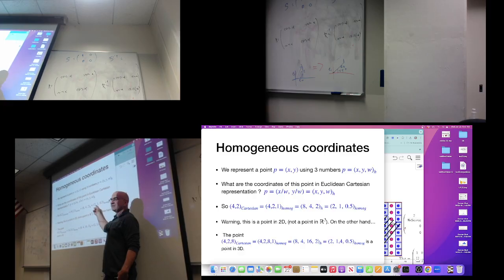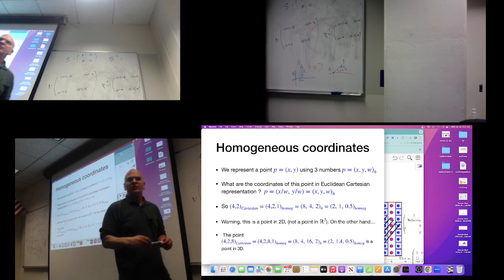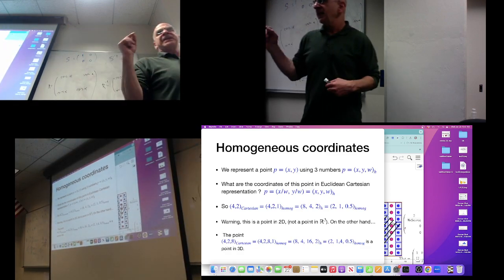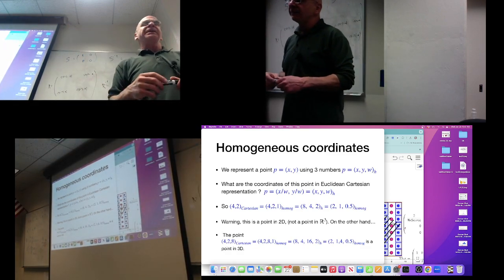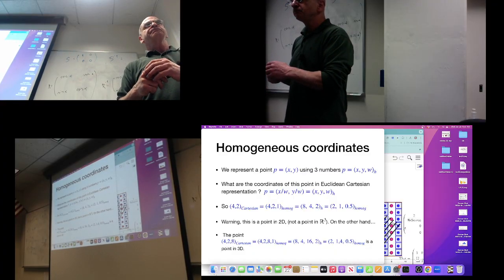I can also write the very same point as 2, 1, and a half, because 2 divided by a half is the same 4. So same point, multiple ways to write the very same point. Why is this good? I'm not there yet. Why is it useful?